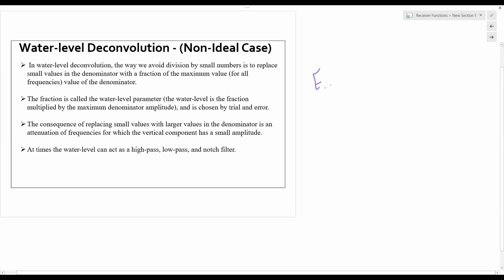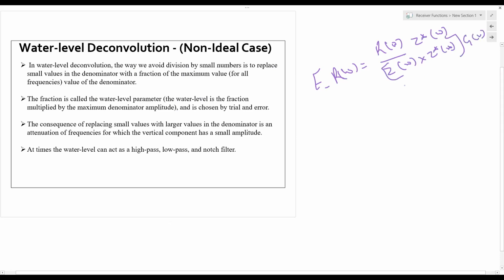So what was our ratio function? R omega divided by G omega multiplied by its conjugate, and also with the Gaussian filter.